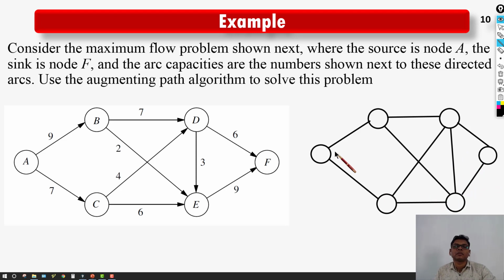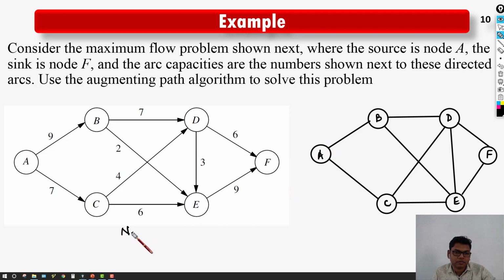Okay. Here is A, B, C, D, E and F. Now it is written 9. Okay. So in the beginning, we have to create the initial residual network.